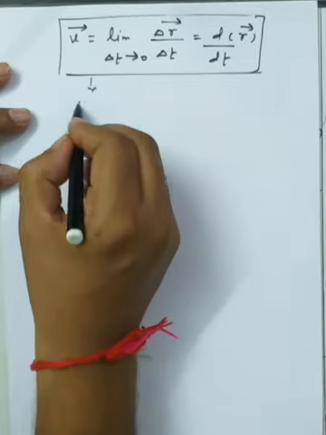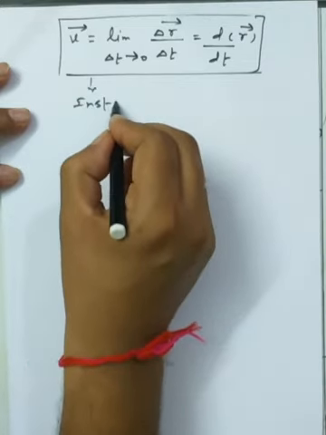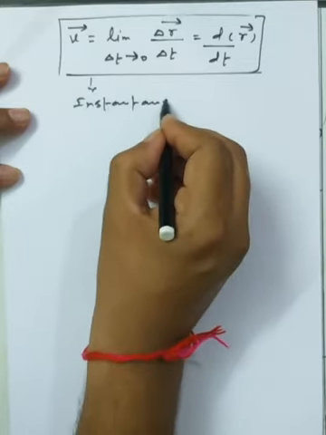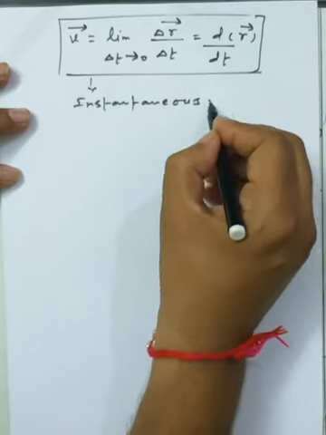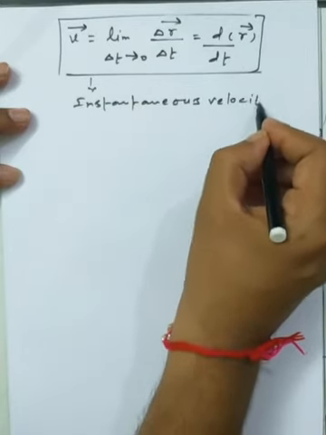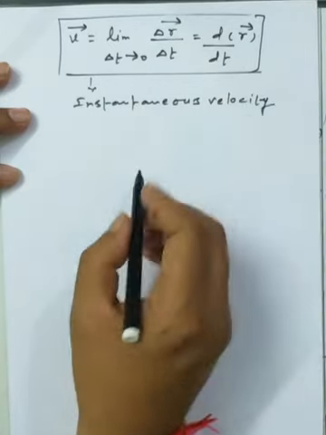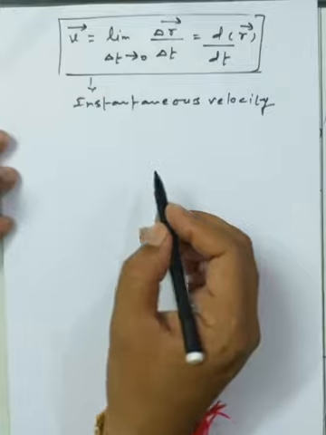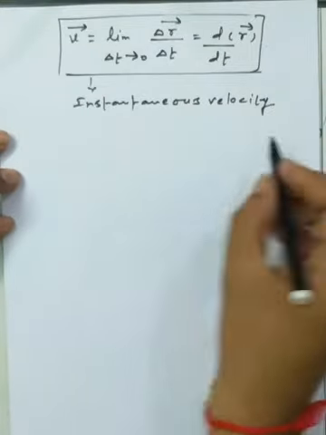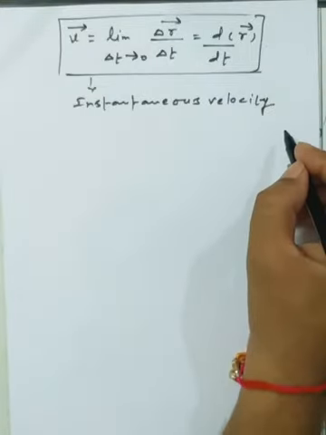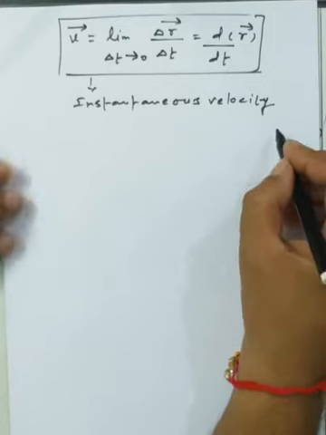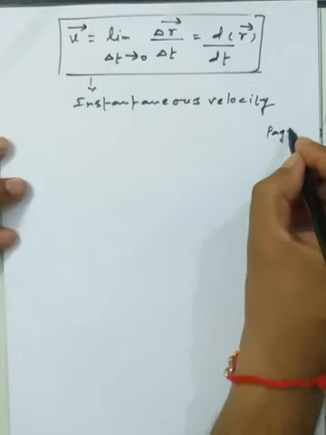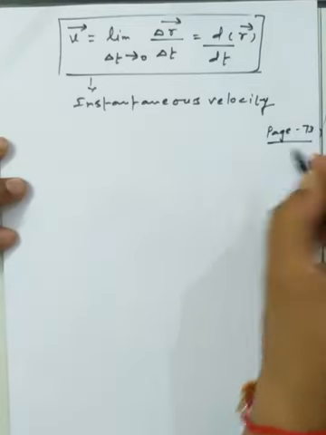So this is the concern of the instantaneous velocity. What actually is it? Now on behalf of the graphical notation, we can approach the direction of the instantaneous velocity also. These graphs are given on page number 73 of the NCERT book.